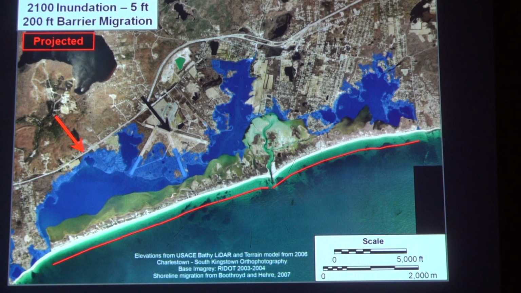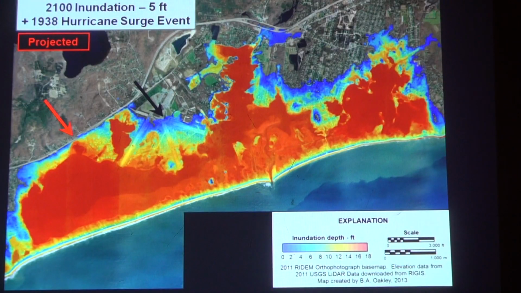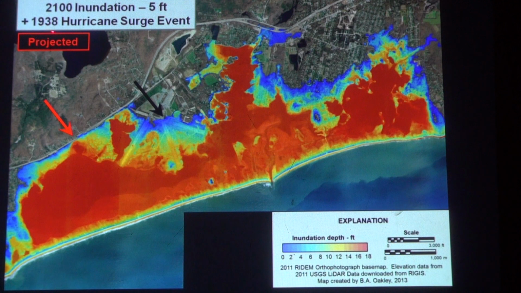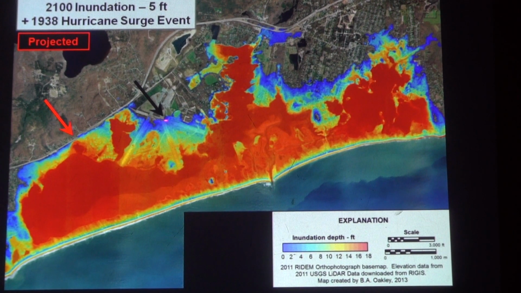And so it's a big race between barrier migration backwards and lagoon flooding. Now, what we're going to do is add a 1938 hurricane on top of that. And there are inundation depths. And so it inundates Route 1 right here, and it inundates all the way up to here.